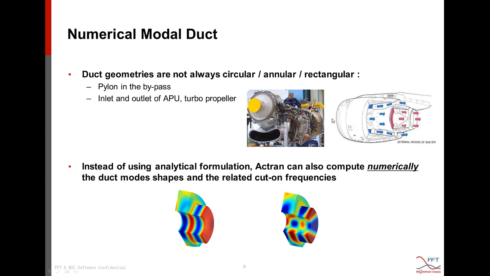Now, to represent acoustic sources created on this type of surface, we will need the numerical modal duct, which is also a pressure distribution on the duct surface, but this distribution is calculated numerically using the Actran solver.